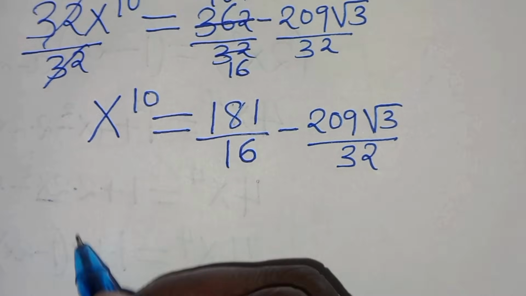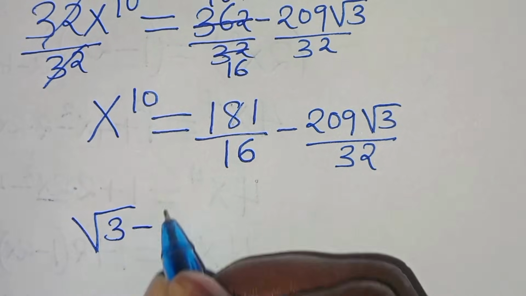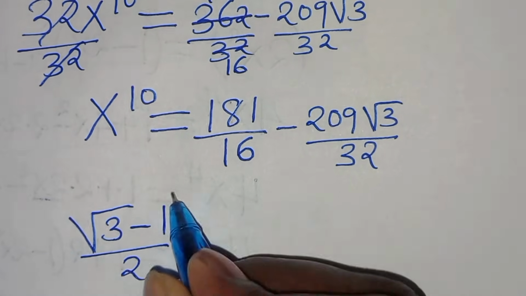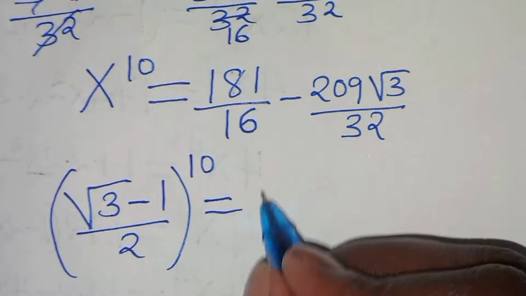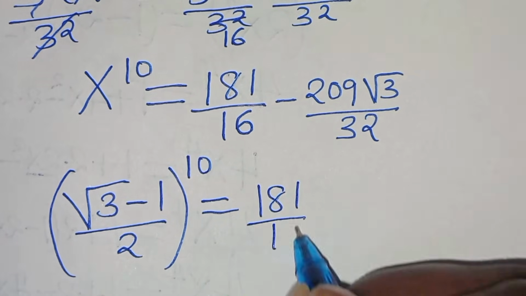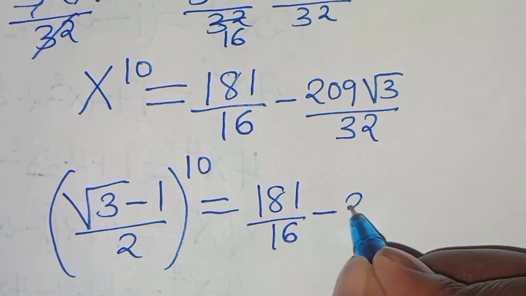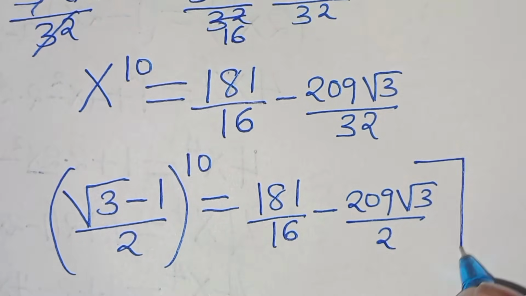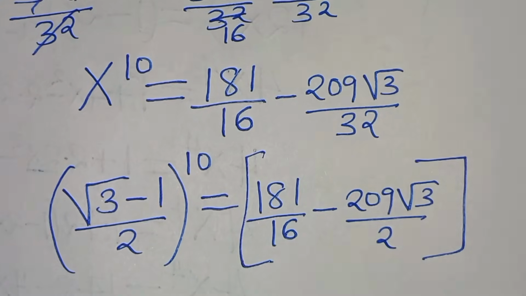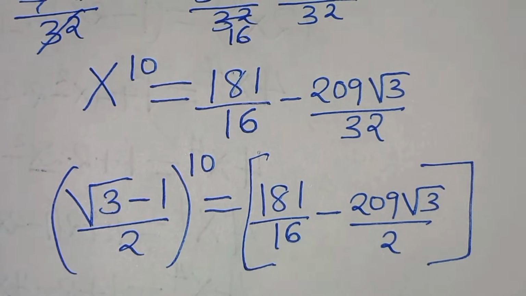So this means that square root of 3 minus 1 over 2 raised to the power of 10 is equal to 181 divided by 16, subtract 209 square root of 3 divided by 2. And this is the solution to this square root math problem.